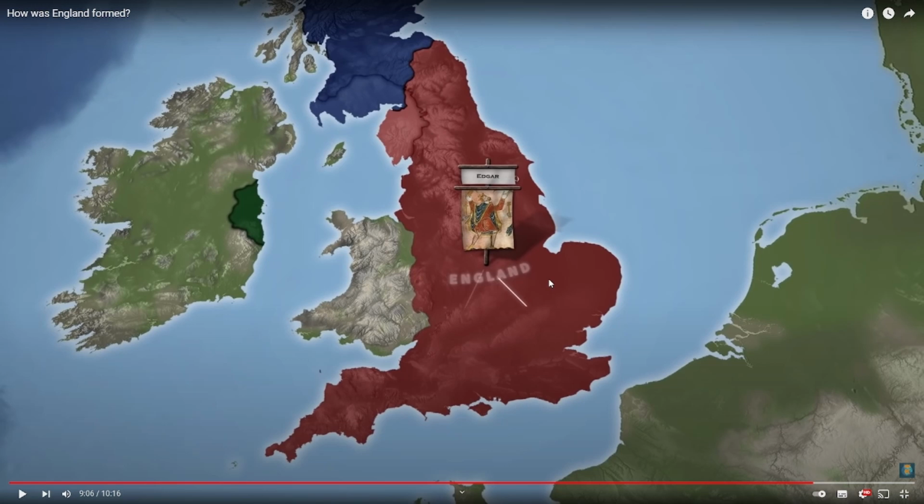You tend to have a lot of different suffixes on place names, and those are derived from Scandinavian ones. And you've also, even down to things like people's names, people's surnames.